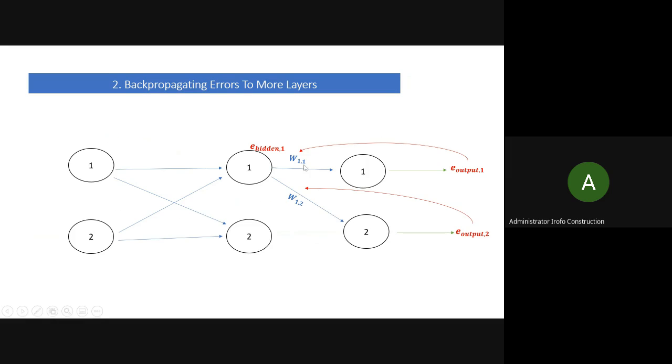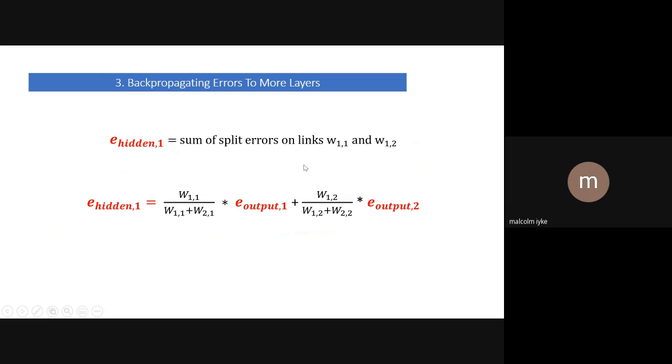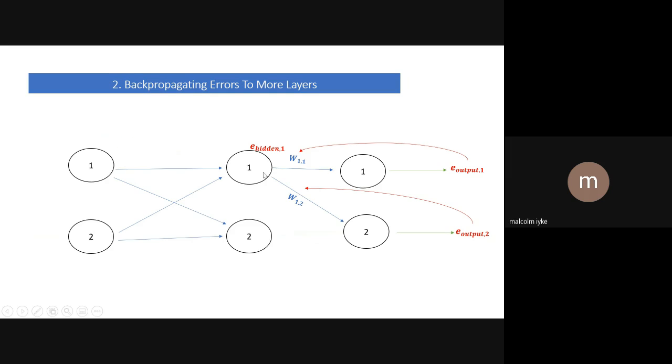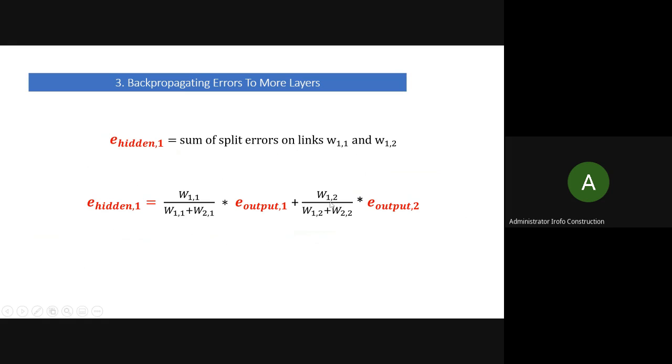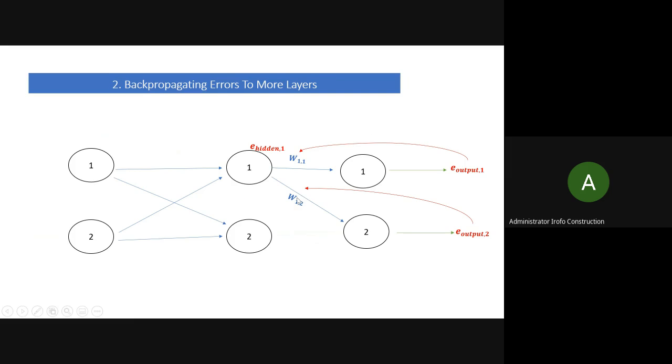The errors, this multiplication you're seeing here, W11. There will be an error associated with it, like an error will be linked to that weight. This W12, you can see you have a W12 here, and that error will also be linked to it.